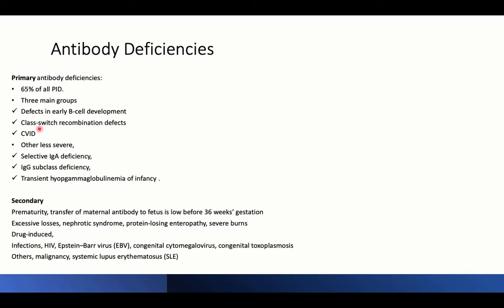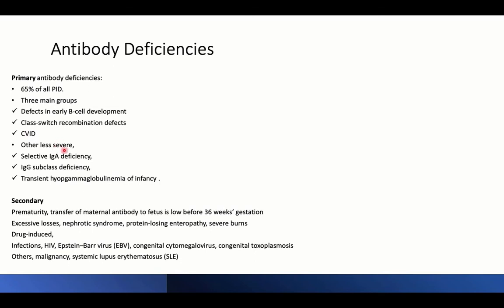We have mentioned it, the switch between IgM, the first one to be produced, into the other immunoglobulins can have a defect here, or a common variable immune deficiency with deficiency of one or more of the immunoglobulins. These are the three main groups presenting with antibody deficiency. Early pre-B cell development, the worst one, class switch recombination defect, and common variable immune deficiency.